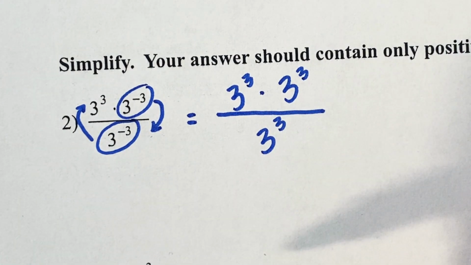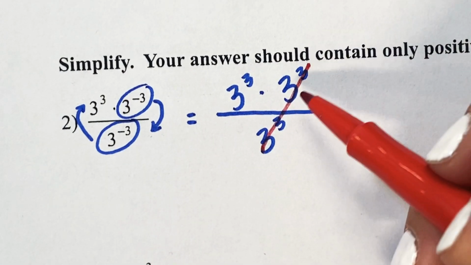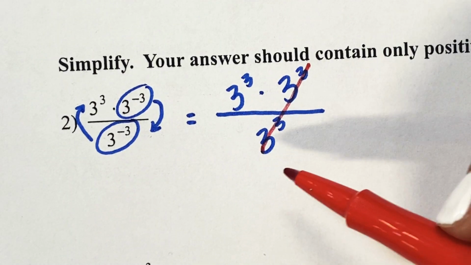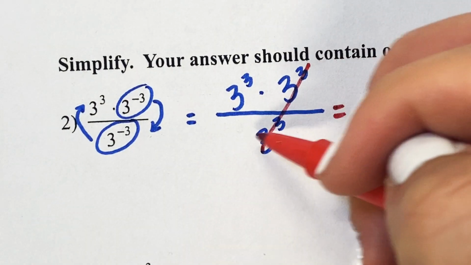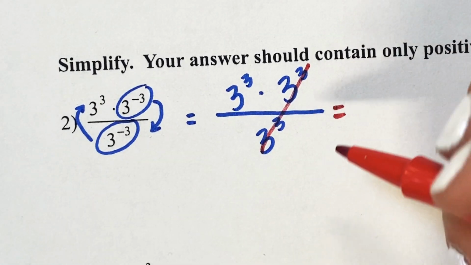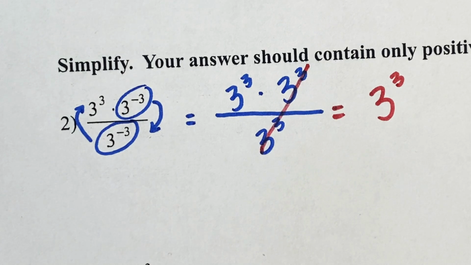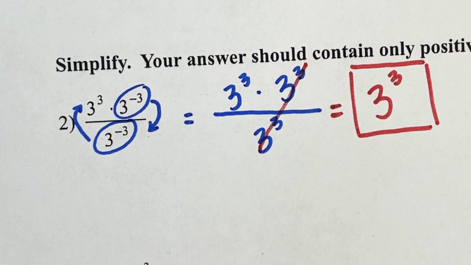Something over itself, they cancel, right? So I can say 3 cubed over 3 cubed. You also could have taken that 3 cubed, it doesn't matter, they're all 3 cubed. And we simplify what's left. Nothing's left on bottom, so we don't have to write the bottom. The only thing that was left was 3 cubed. And there we go.